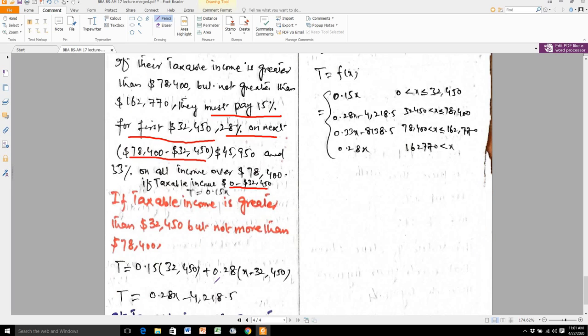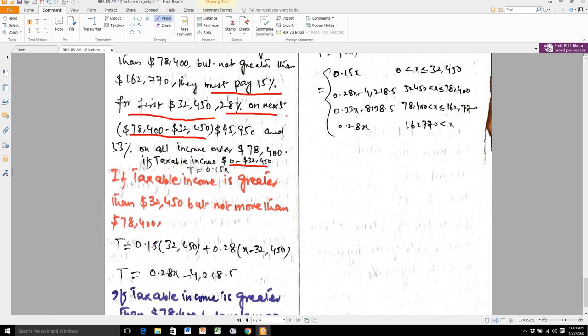Now we move towards the case where the taxable income is greater than $32,450 but not more than 78,400. First on this amount, the chargeable income tax is 0.15 times 32,450, plus 0.28 on the income above it.